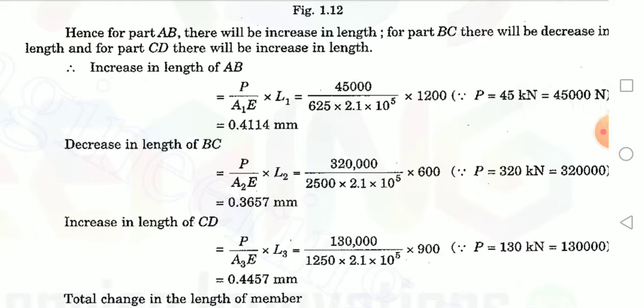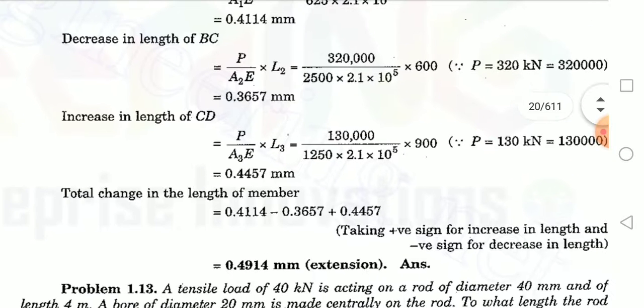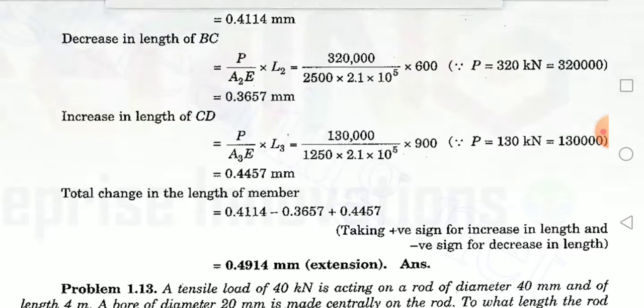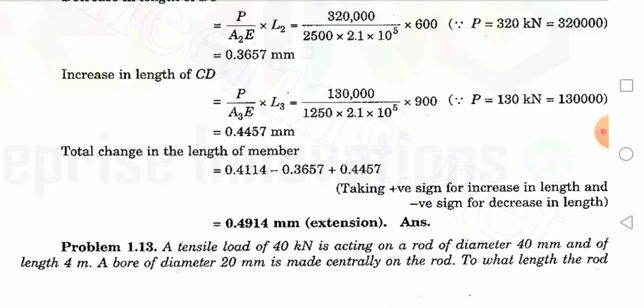Similarly, decrease in length of portion BC is 0.3657, and increase in length of CD is 0.4457. Therefore, total change in length of the member is the tensile 0.4114 minus compressive 0.3657 plus tensile 0.4457. So totally we get 0.4914 mm.